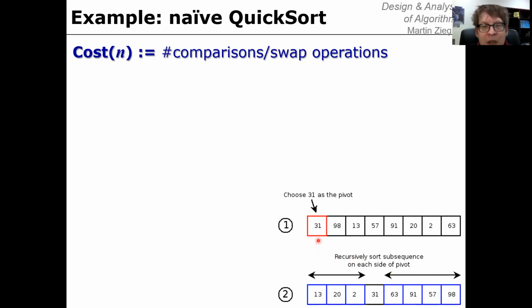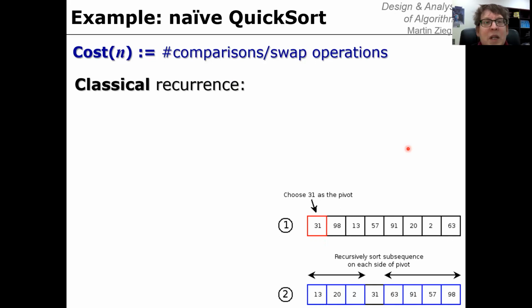This is an almost good pivot, because it results in the array being split roughly half and half. But we cannot really predict how the pivot will split the array when we choose the pivot only from the position. So here we choose the first element as pivot. We could also choose the last element, or the middle element, with respect to the index in the array.